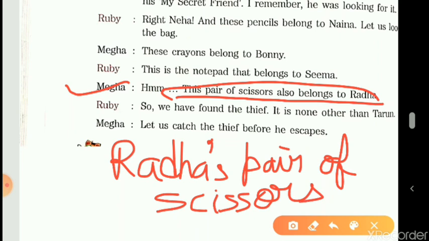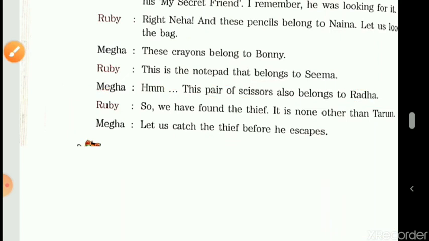Megha will say, this is Radha's pair of scissors. Instead of this, we'll be writing, this is Radha's pair of scissors. Apostrophe after Radha and S after the sign of apostrophe. Now, students, these were the apostrophe used to show possessions or belonging, that a certain thing belonged to certain persons.